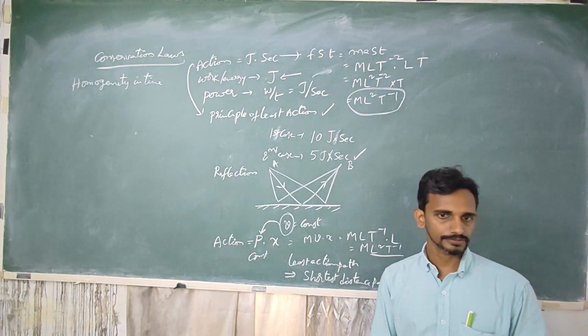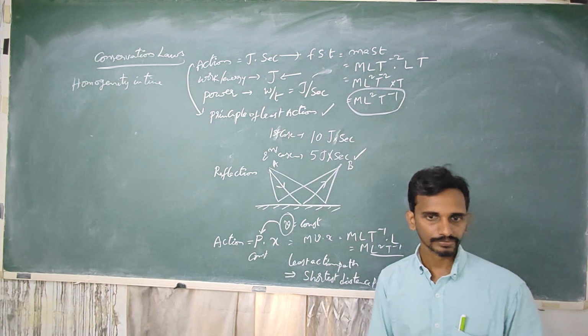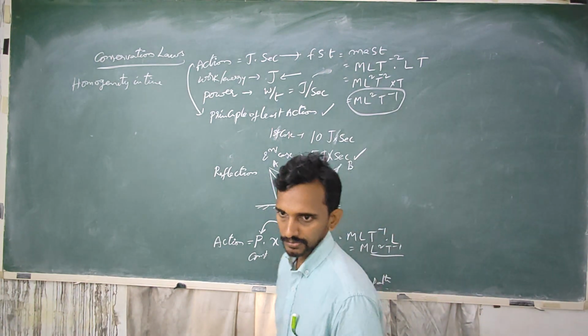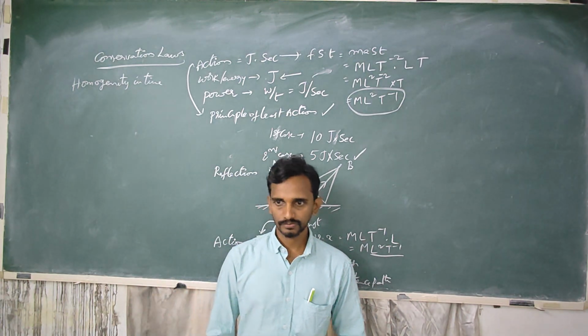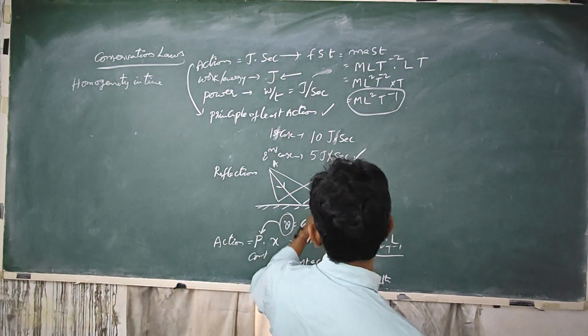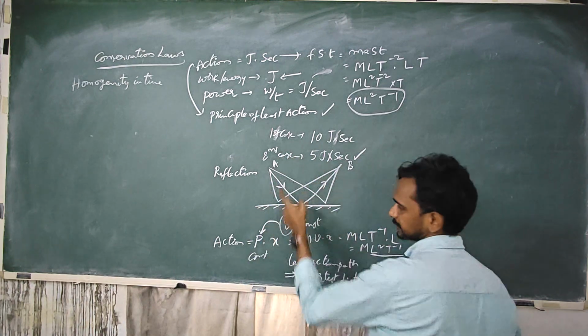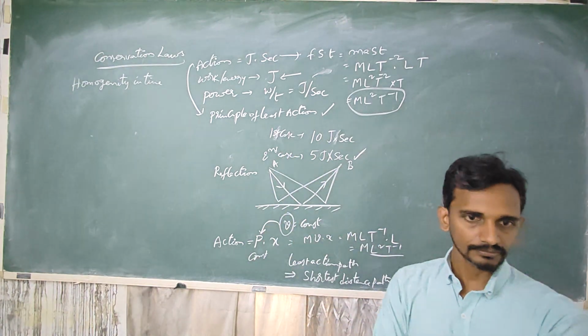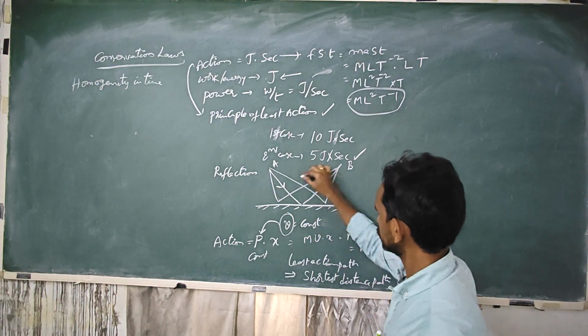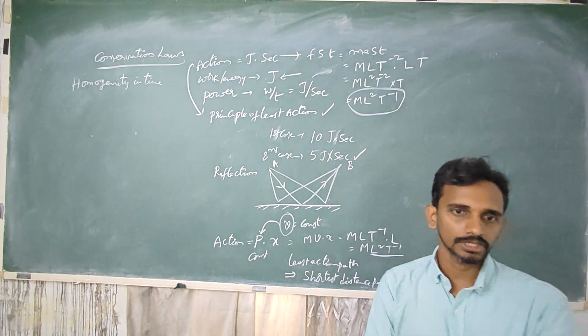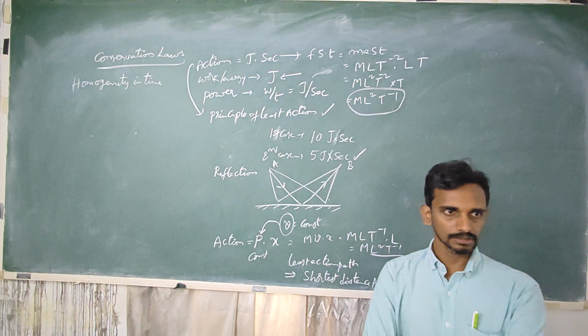Then who will reach first? Shortest is the best choice. So now we have to identify which one is the shortest path out of these three. There are three paths: 1, 2, 3.